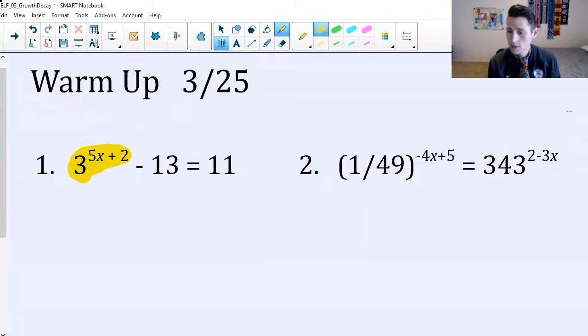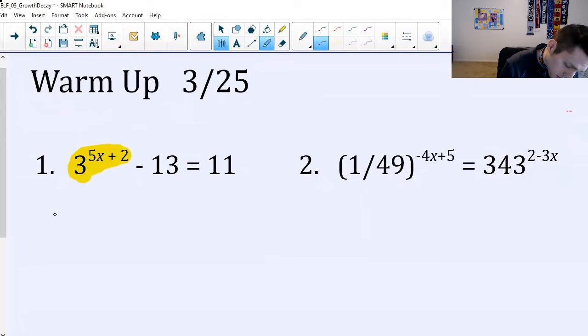I want to isolate that exponential before I do anything. So I'm going to add 13 to both sides, plus 2.